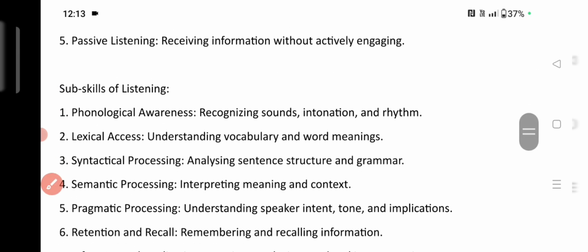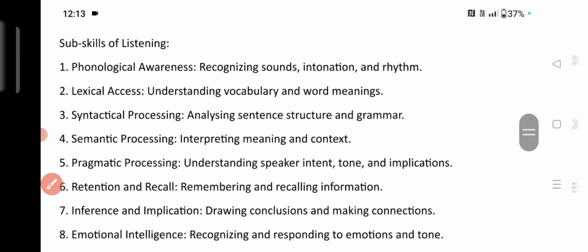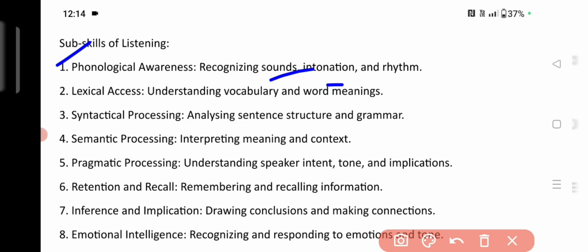The next thing is the subskills of listening. We have read the types of listening, now we are learning the subskills of listening. Phonological awareness is recognizing the sounds, intonations and rhythms of the language.